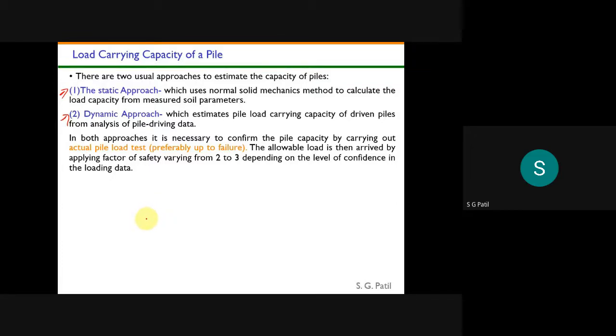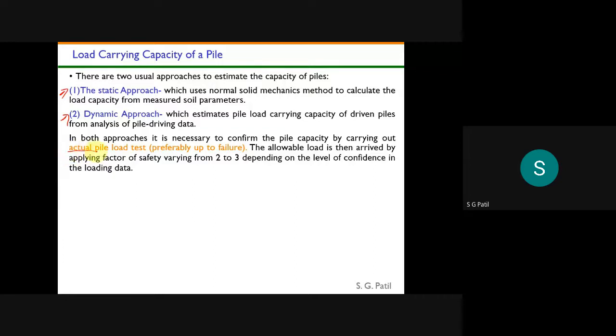Those are called field tests. In both approaches, it is necessary to confirm the pile capacity by carrying out the actual pile load test.